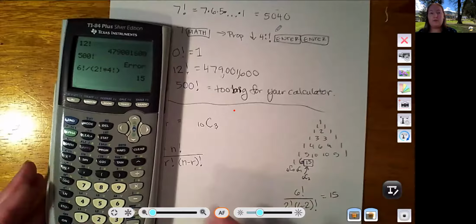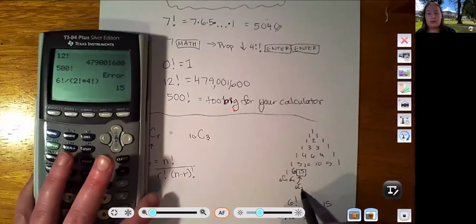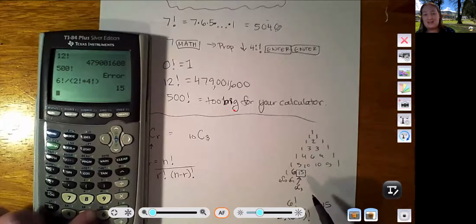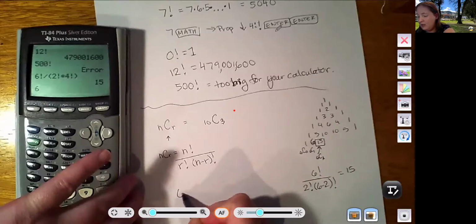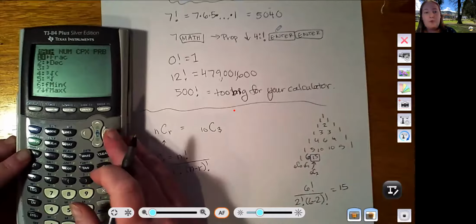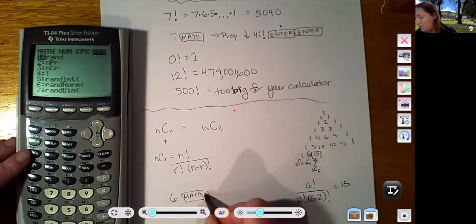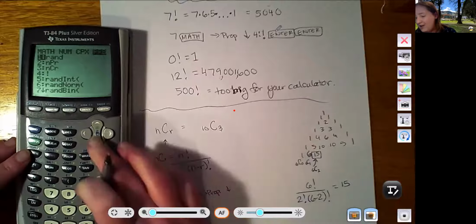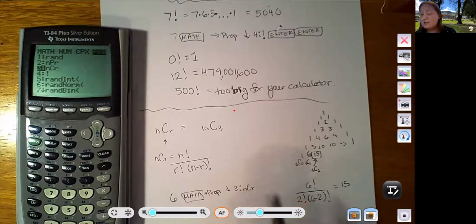So our calculator now has a shortcut for doing nCr combinations. So I type in 6, my n value. Then I will go to math, and under that probability menu, we will go down to the nCr, option 3, and select it.